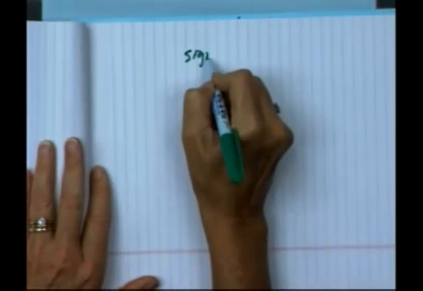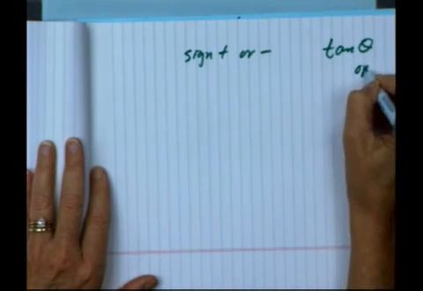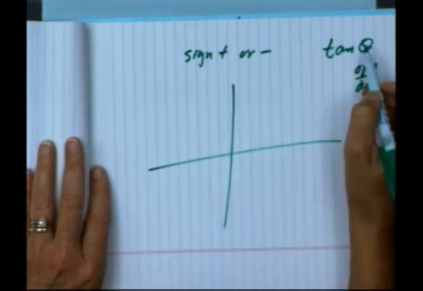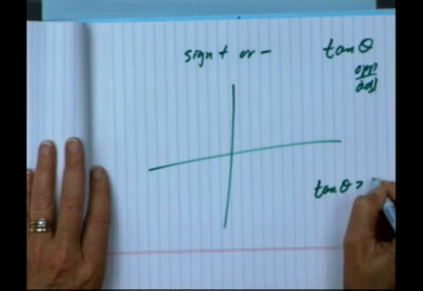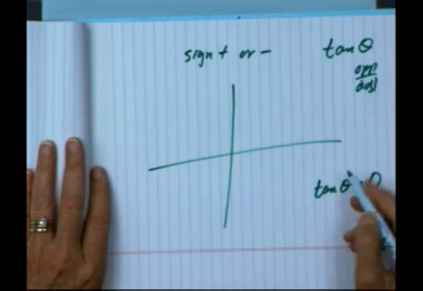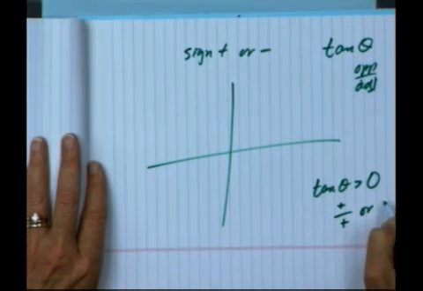Now let's think tangent. Is the sign positive or negative for tangent theta? Tangent is sine over cosine, or opposite over adjacent. Do you want to think sines and cosines, or opposite over adjacent? In order for a tangent to be positive, both the opposite and the adjacent have to be positive, or what else?